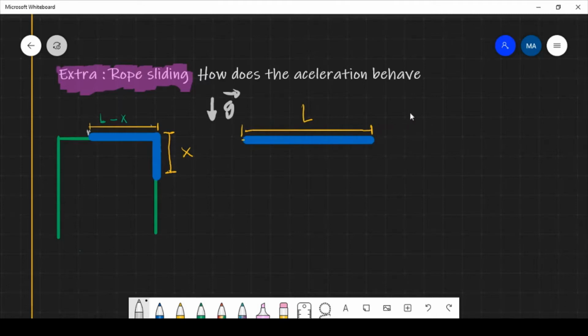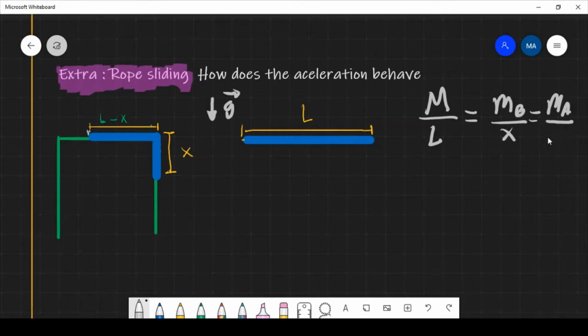If the rope has total mass M, then M divided by L will be equal to the mass of this part over here, which I'm going to call small mass B, divided by x, which is equal to small mass A divided by L minus x. So what is the mass of A? It's the mass of this part over here. This is what it means to have a uniform density, and this is mass of B.